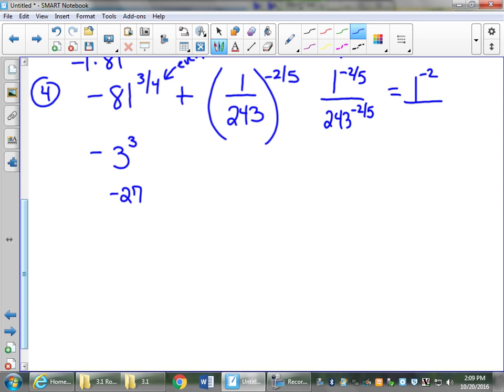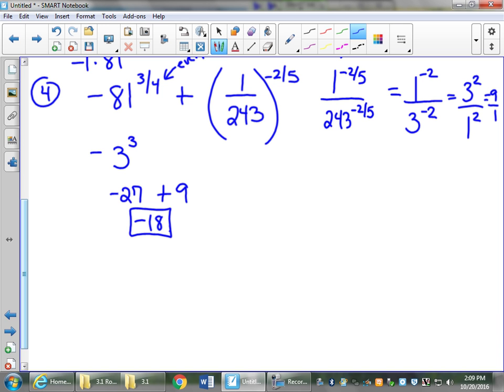And then the 5th root of 243 is 3. To the negative 2nd. We're going to flip it. And we're going to get 9 over 1. And 9 over 1 is just 9. So the answer to the second half is a positive 9. So over here I'll have negative 27 plus 9, which will give me a final answer of negative 18.